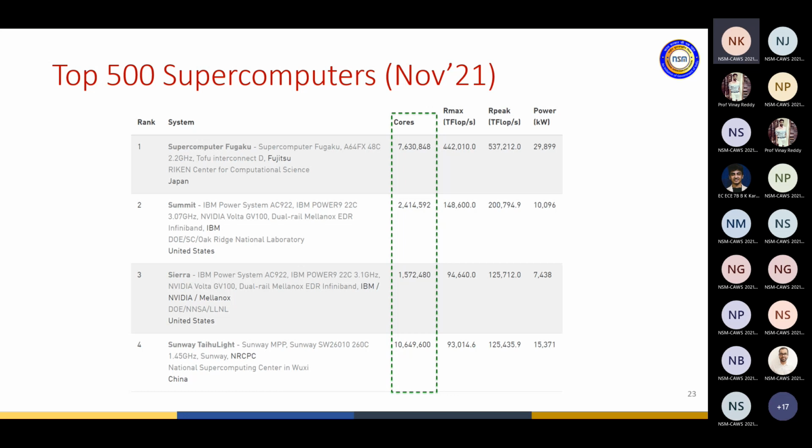So in July one list is updated, and in November it's updated again. So this is the latest list, and there are just 500 of these listed, but of course all over the world there are many hundreds of thousands of supercomputing sites.